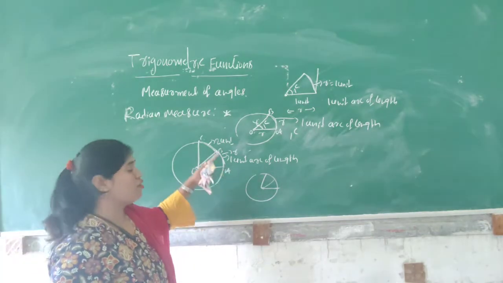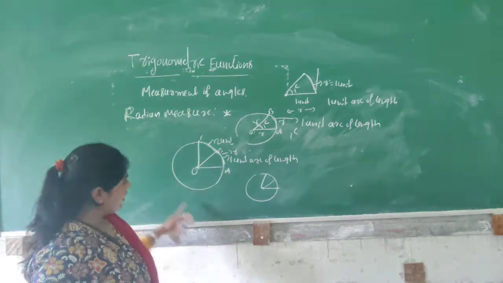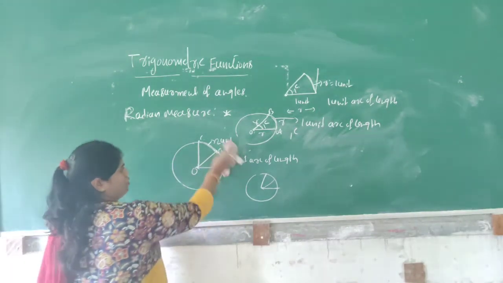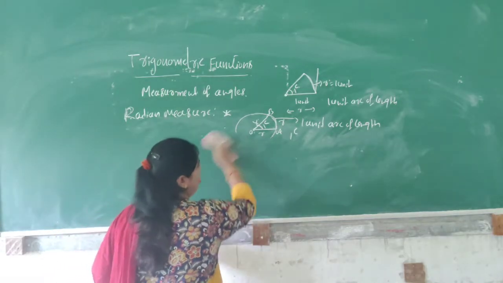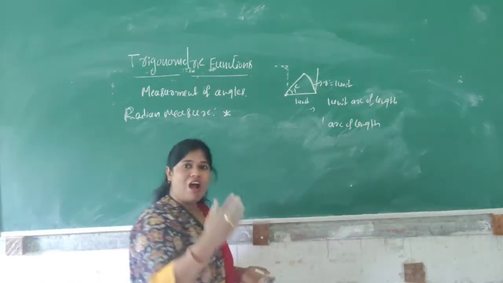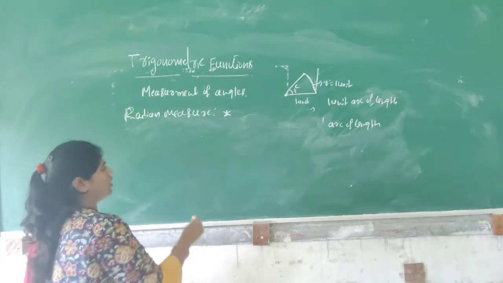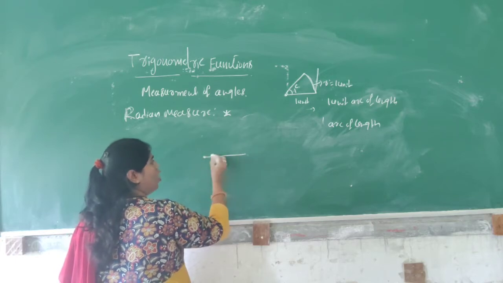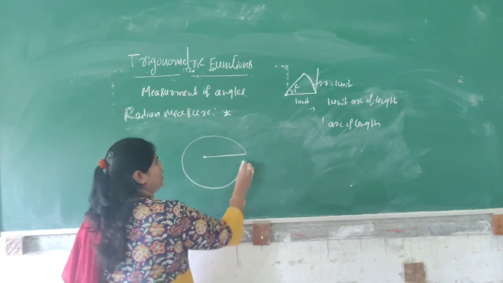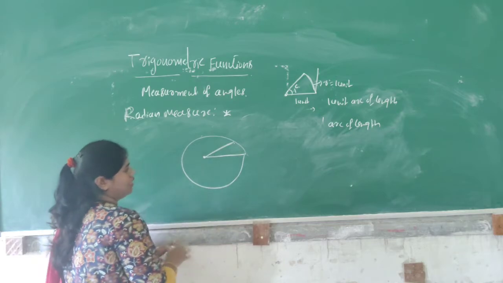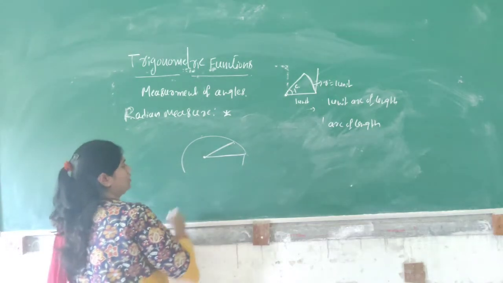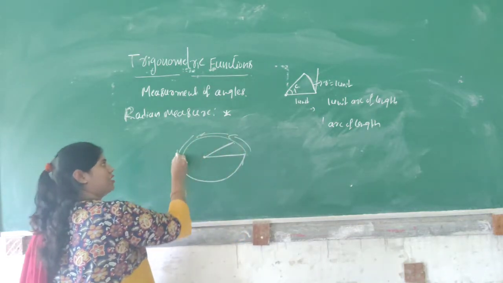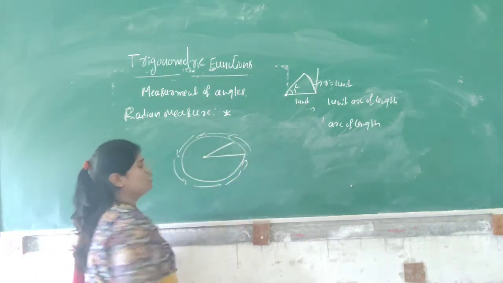How many arcs of such length are needed to complete one rotation? How many arcs of length are needed to complete this circumference?